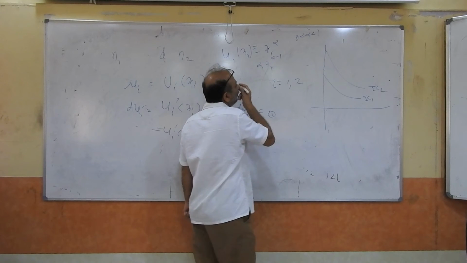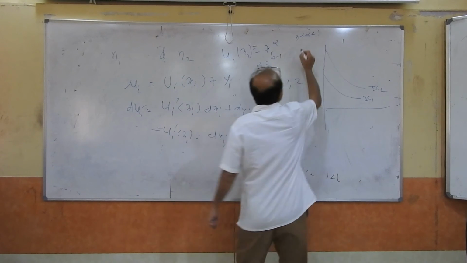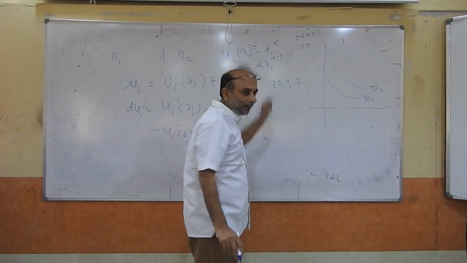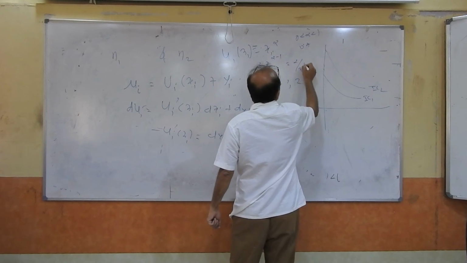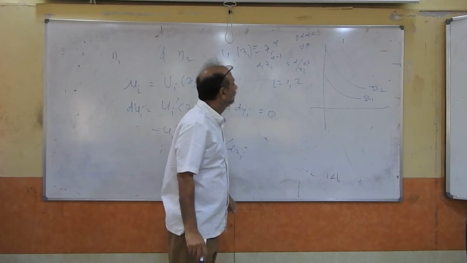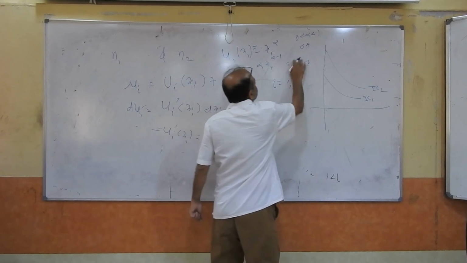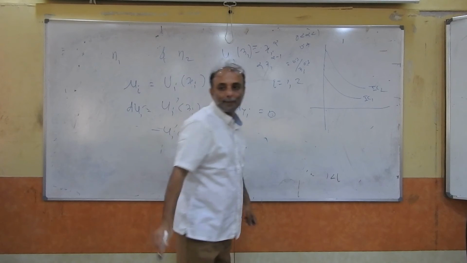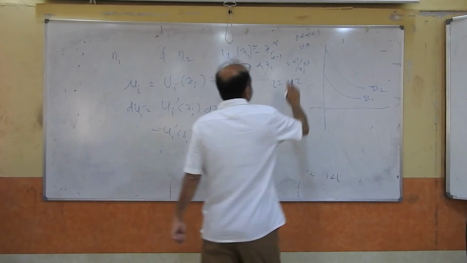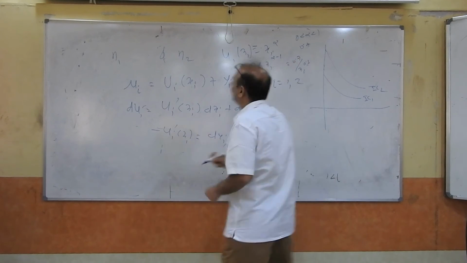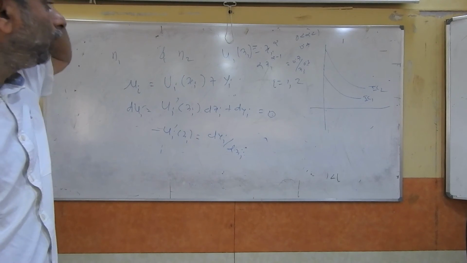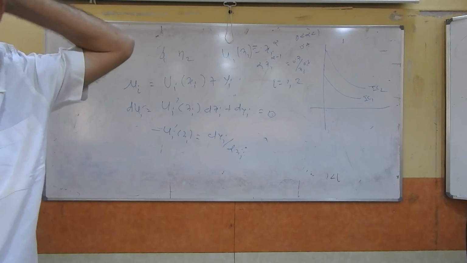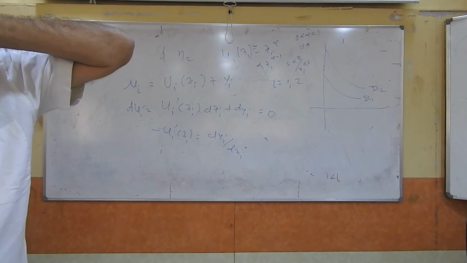Suppose alpha is equal to 0.7. So alpha minus 1 is minus 0.3. So this will be 0.7 upon xi raised to 0.3. Now, what will be the slope of this if xi is equal to 0?